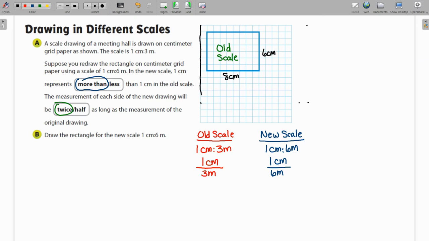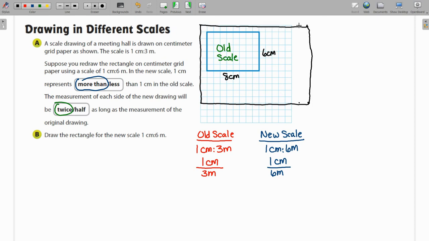So this length is 12. This length is supposed to be 16. So I'm going to draw over here like so. And then I'm going to connect my points. I'm going to draw up this way the best I can freehand without having to scale. And then we're going to have over this way.